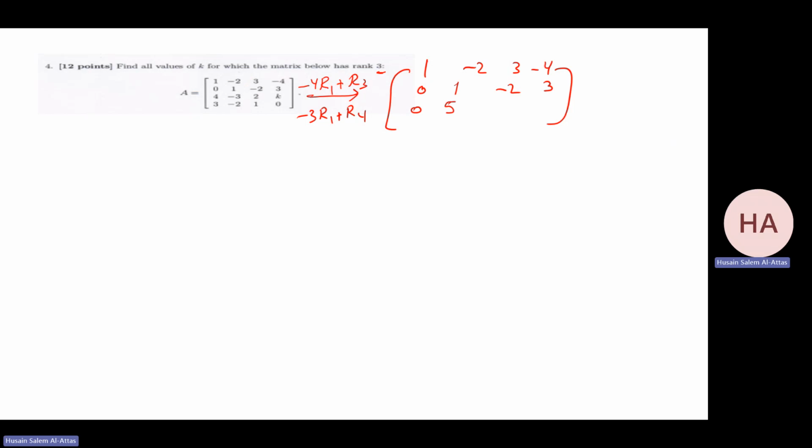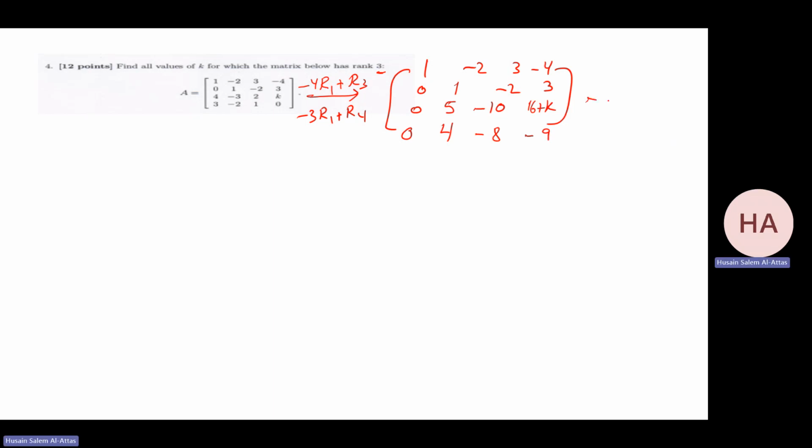Minus 12 plus 2, that give me minus 10. Minus 16 plus k, that will be 16 plus k. Minus 3 and add, that will be 0. 6 minus 2, that give me 4. Multiplied by minus 3, minus 9 plus 1, that will be minus 8. Minus 3 plus 0, that give me minus 9.